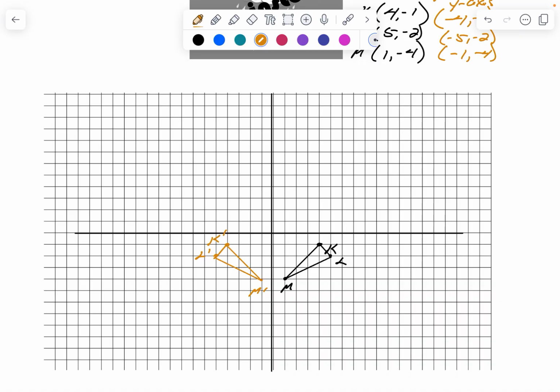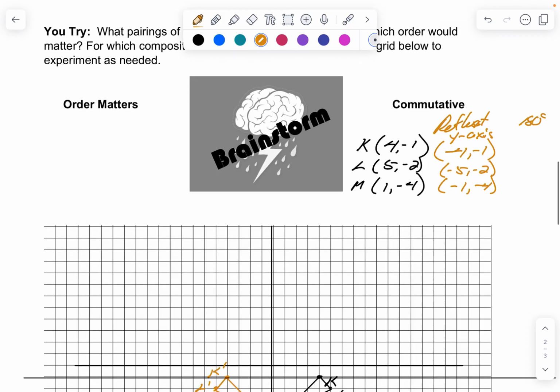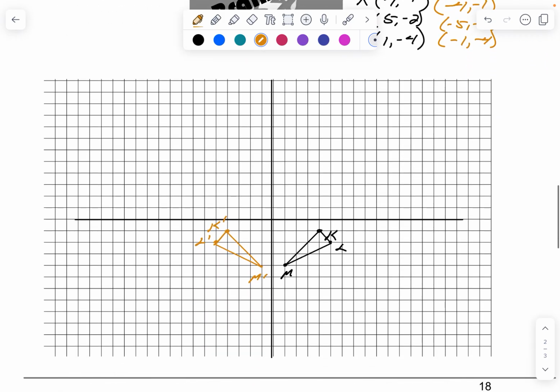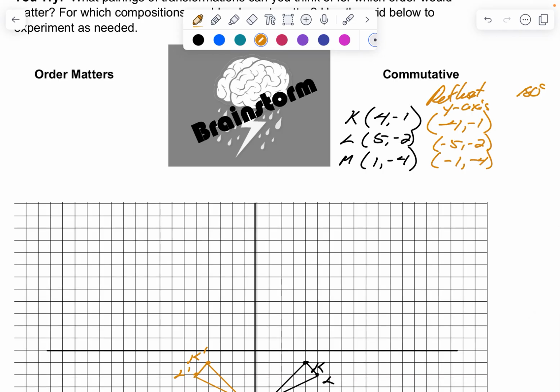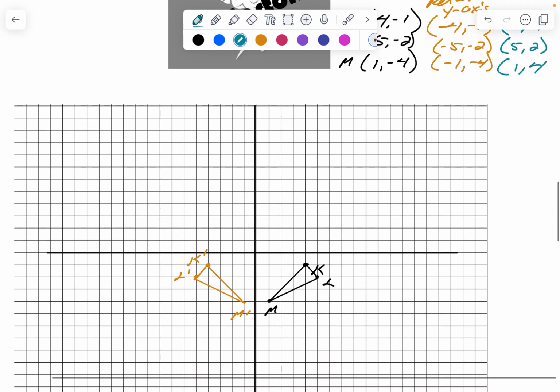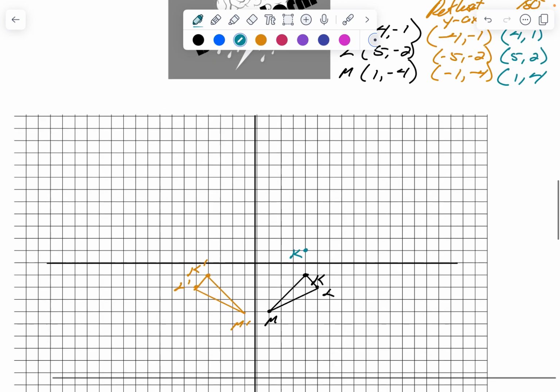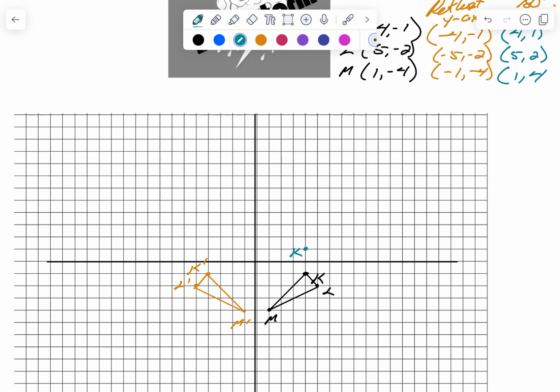All right, so we reflected over the y-axis. Now we're going to do it 180 degrees. So remember what that's going to do. Let's do this color. It's going to make everything opposite. So it's going to be (4, 1). K. (5, 2). L. These are double prime now.